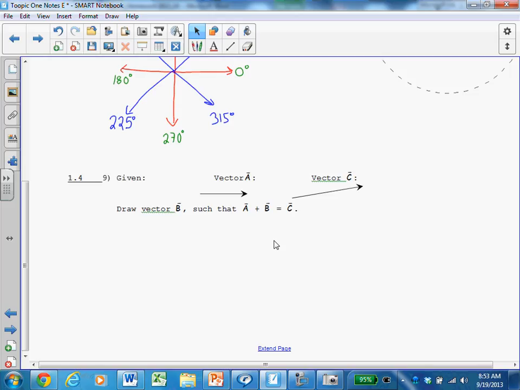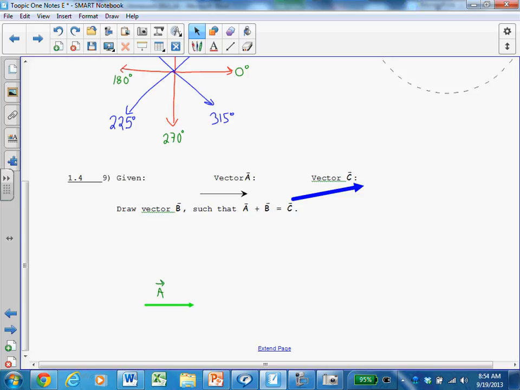So, let me just draw these vectors in. We'll draw a green one for A. We'll draw a blue one for C. Here's A. It says draw vector B so that you get C. Now C is the what of A plus B?